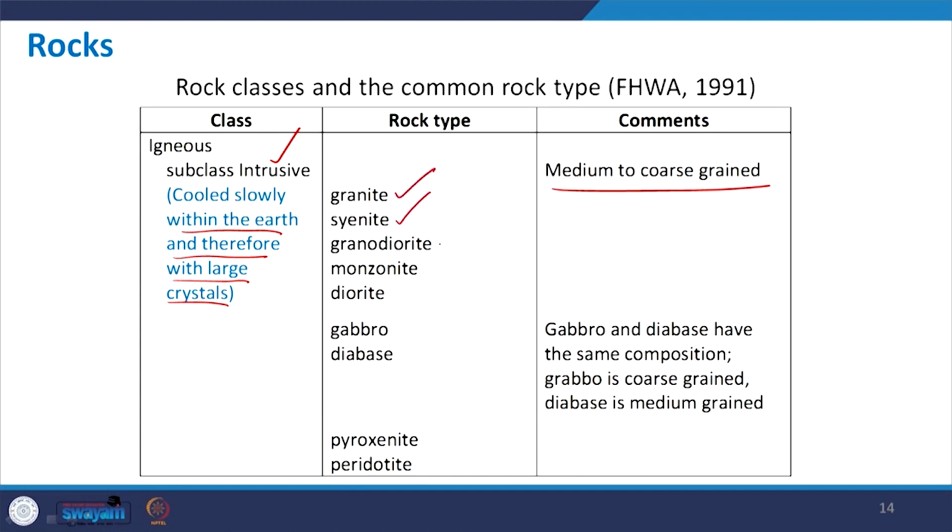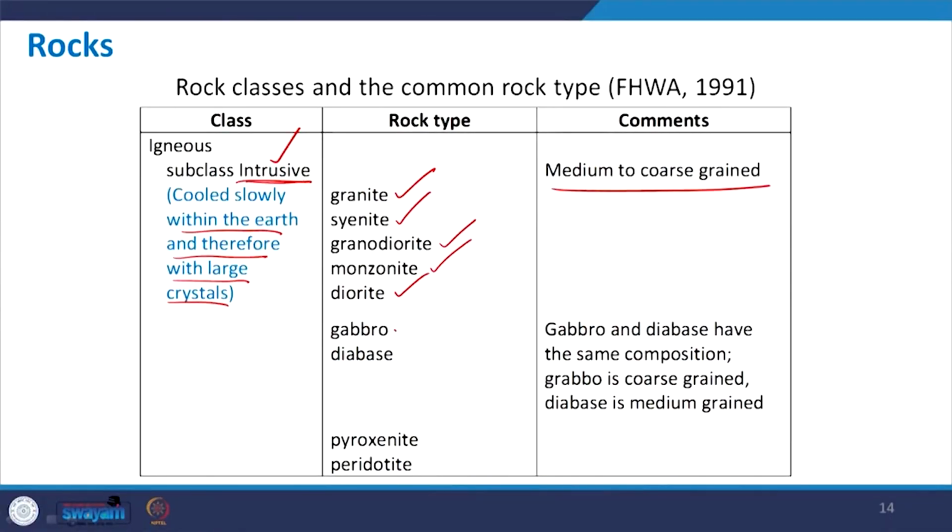Granite, syenite, granodiorite, monzonite and diorite are some examples of this type of rock, that is, subclass intrusive igneous rocks. Other igneous rocks under this category include gabbro and diabase. These have the same composition, but gabbro is coarse grained and diabase is medium grained. So, it is not only the mineral composition, but the size of the grain also matters when you have to identify the rocks.